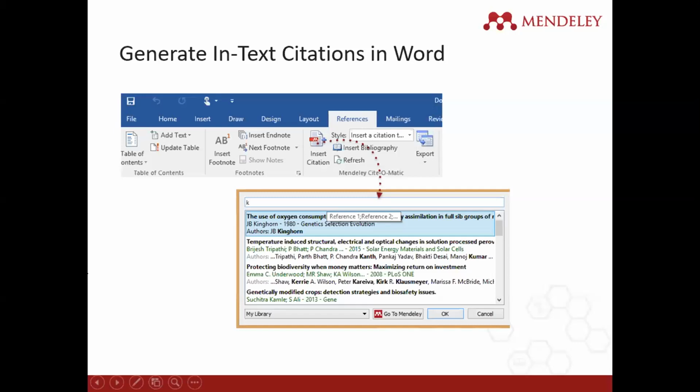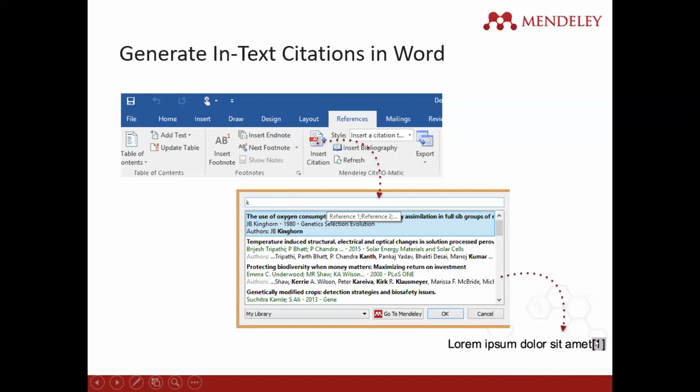Maybe you just type in keywords of the titles, then you select the documents that you have saved in your library. You select that particular document you are going to cite. After you select, you click OK, and then the citation will appear like this.